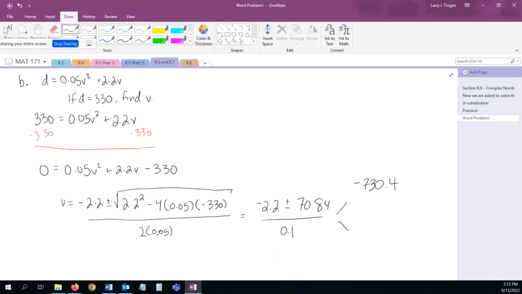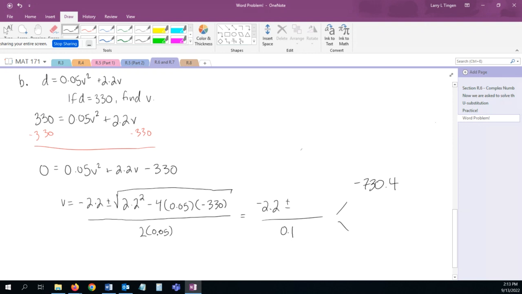I did it in the calculator, but I didn't take the square root. Thank you. I did all that math and then didn't take the square root. You guys are on it today. I like it. Square root of 70.84. There.